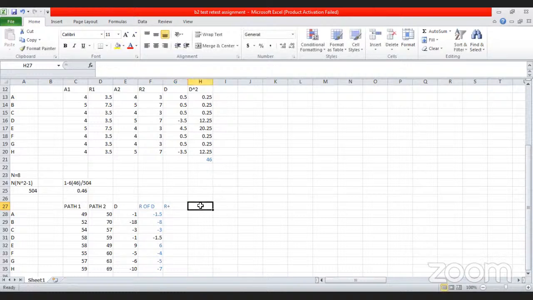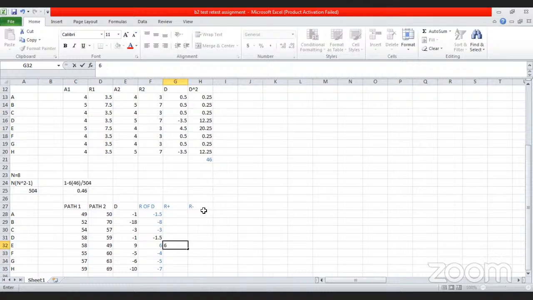And I'm writing R minus, that means summation of the negative ranks. Here you can see that is minus 1.5, so it will not be there. Only 6 is a positive rank, so the summation is only 6. Clear?